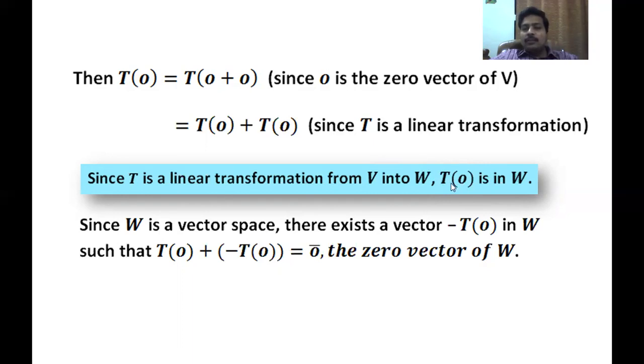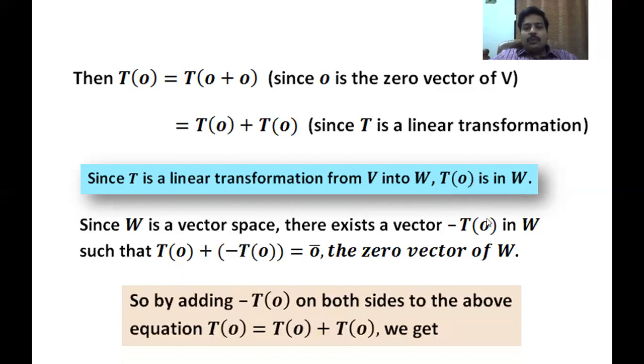So there will be a negative, minus T of O, such that T of O plus minus T of O is equal to the zero vector. Zero vector is O bar here. So I can find a vector like this, minus T of O.